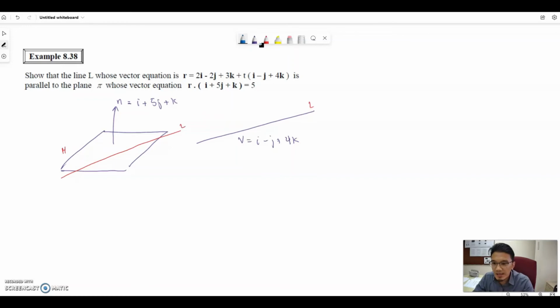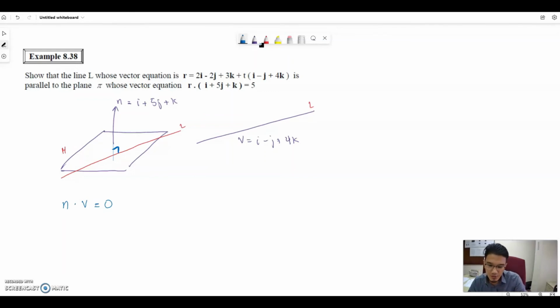So the line L must be perpendicular to the vector normal to the surface of the plane. It means n must be perpendicular to the line L. So if you take n dot product with vector v, it will be equal to 0 because cosine 90 degrees equals 0. You just have to prove this by doing the dot product between vector n and vector v, and then you will obtain 0.